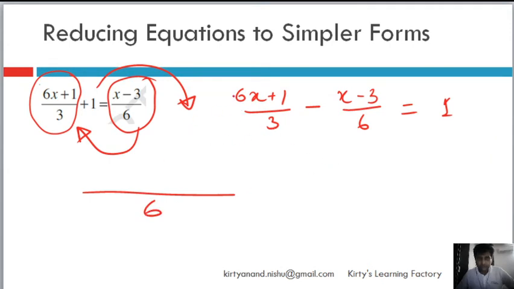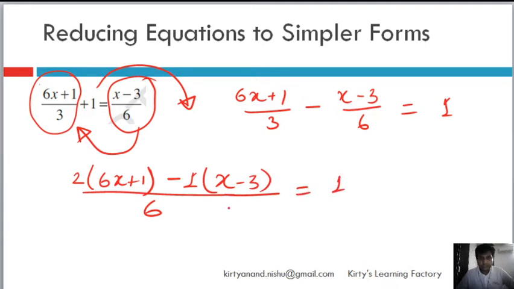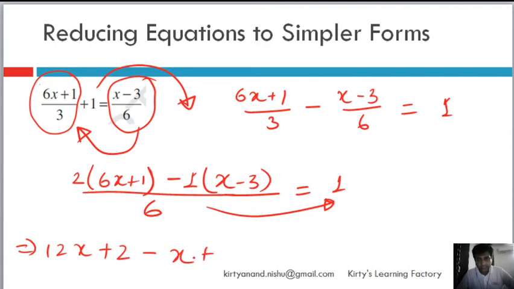So 3 2s are 6, so I will multiply 6x plus 1 whole thing with 2, minus 6 is that's 1, so I will multiply x minus 3 with 1, and then I will bring this denominator here and open this, so it will become 12x plus 2 minus x, this is minus minus, so plus 3.